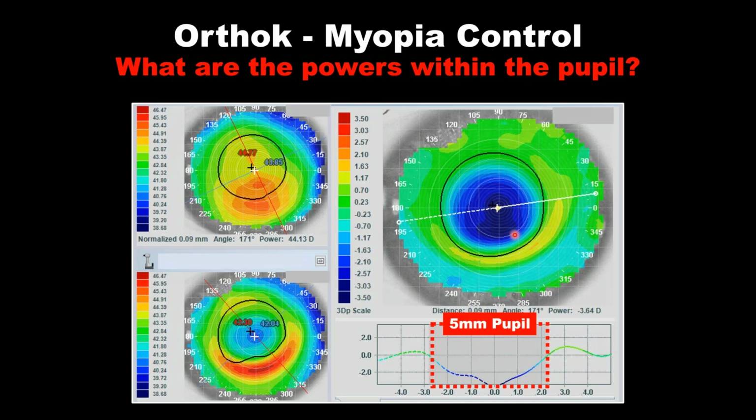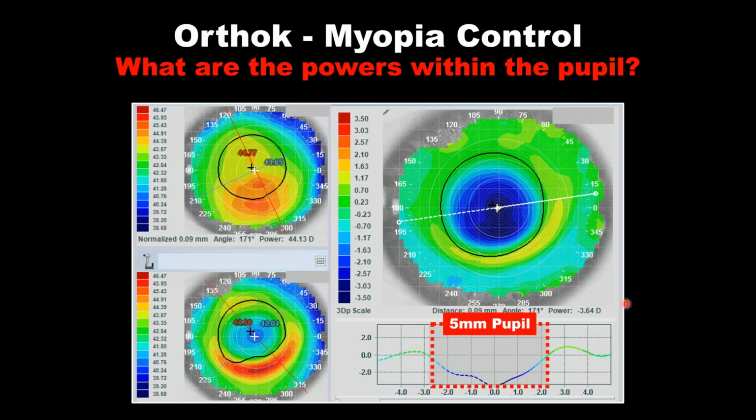This is the ideal ortho-K outcome, where the blue treatment zone is well centered to the pupil. When we click our cursor right on center, this patient had a 3.64 diopter myopic reduction. If this is a 3 1/4, 3 diopter myope, 3.5 diopter myope, they're super happy with their vision right now.